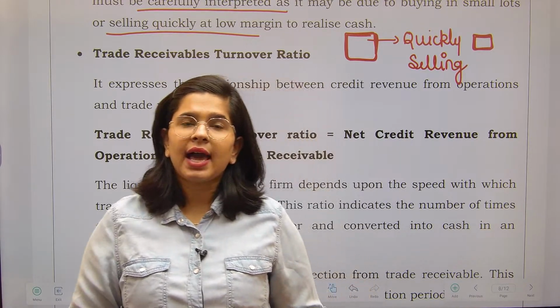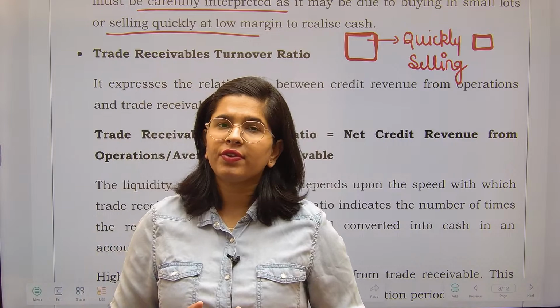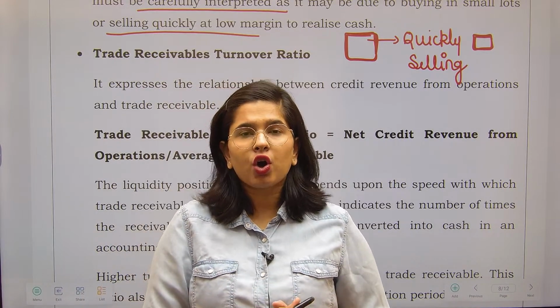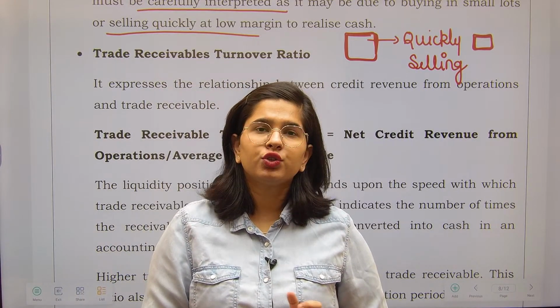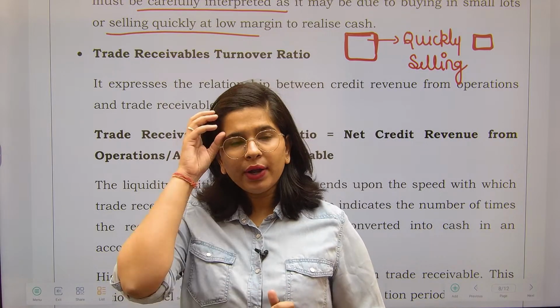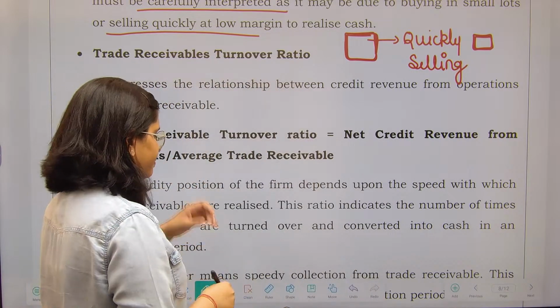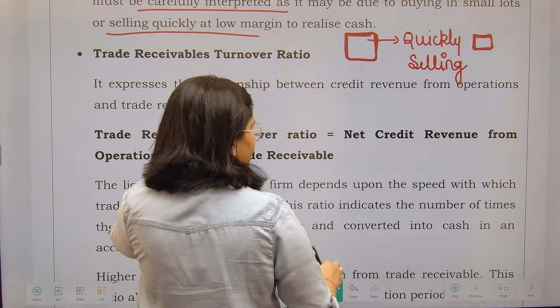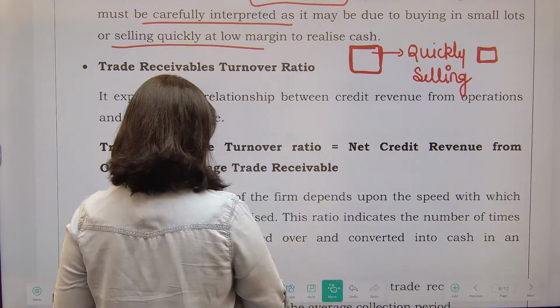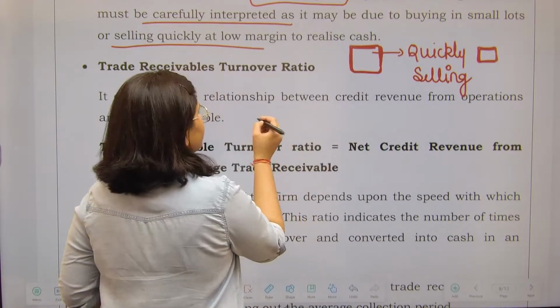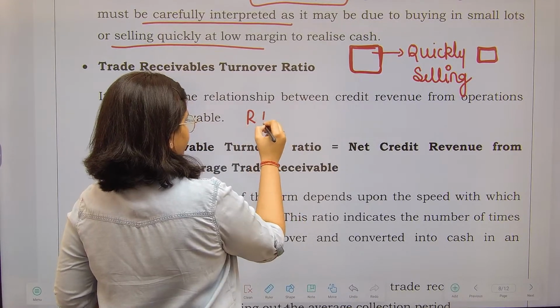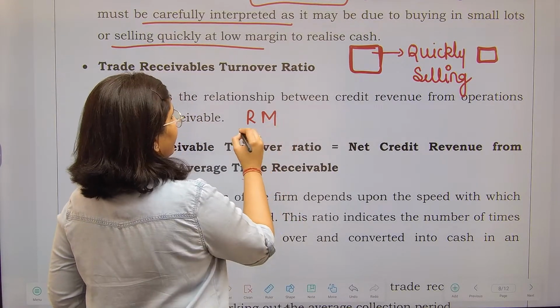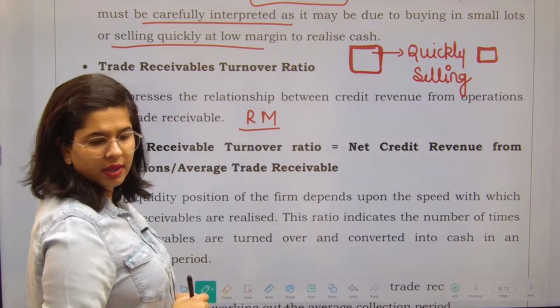Now next thing, average inventory is calculated as opening stock of inventory plus closing stock of inventory divided by 2. Okay? Now it also depends, see, in a business there can be different kinds of inventory. We have inventory of raw material, right?